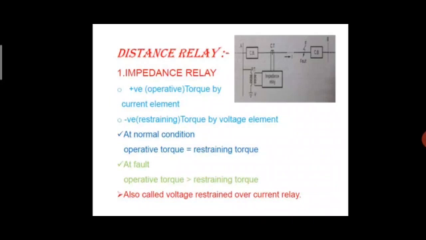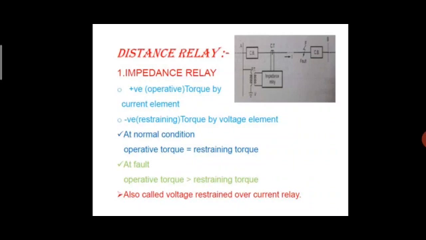PT potential transformer. CT and PT connected in impedance relay. Potential transformers are connected in earth.